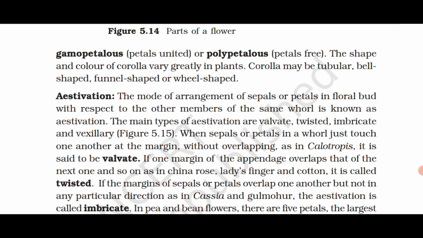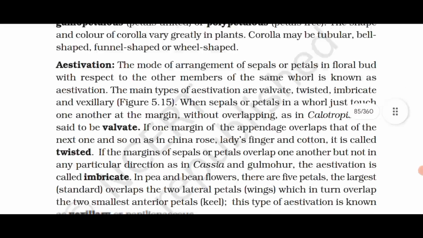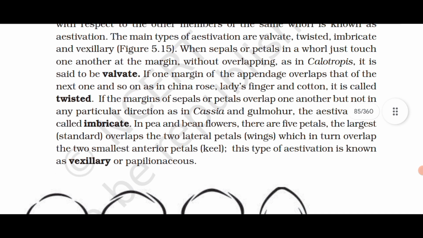If one margin of the appendage overlaps that of the next one, and so on, as in China rose, lady's finger, and cotton, it is called twisted. If the margins of sepals or petals overlap one another but not in any particular direction, as in cassia and gulmohar, the aestivation is called imbricate.